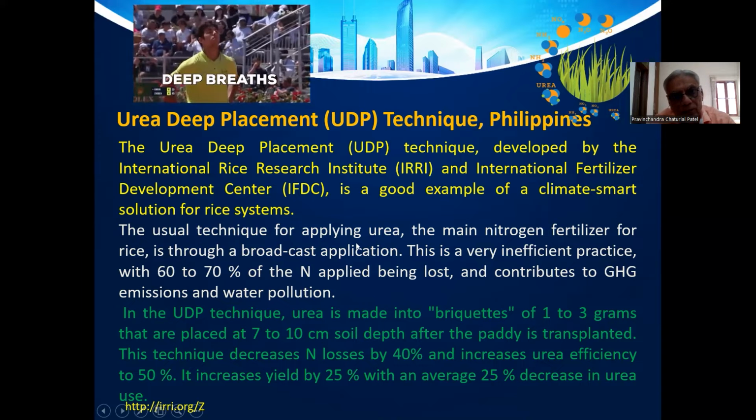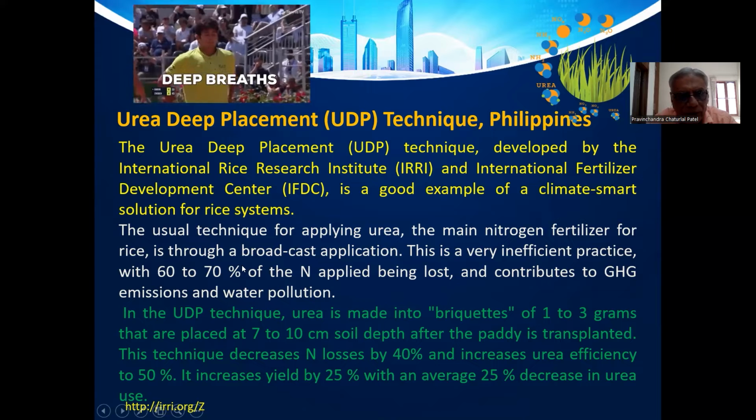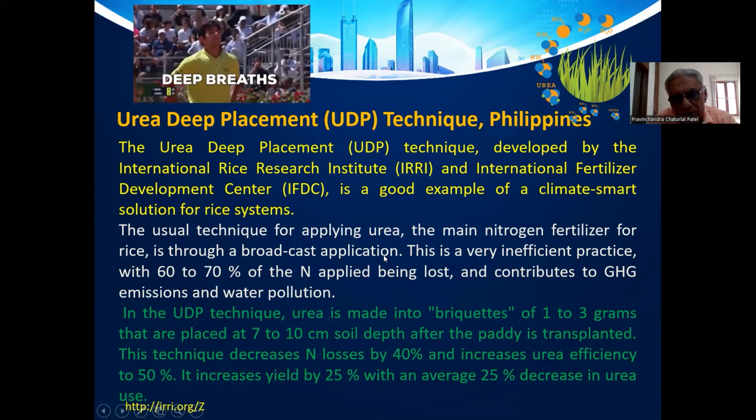The usual technique for applying urea, the main nitrogen fertilizer for rice, is through broadcast application. This is a very inefficient practice, with 60 to 70% of the nitrogen applied being lost, contributing to greenhouse gas emissions and water pollution.